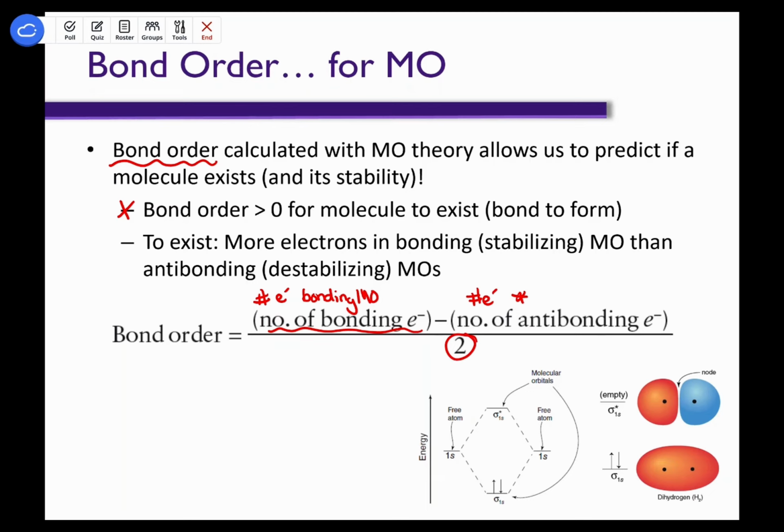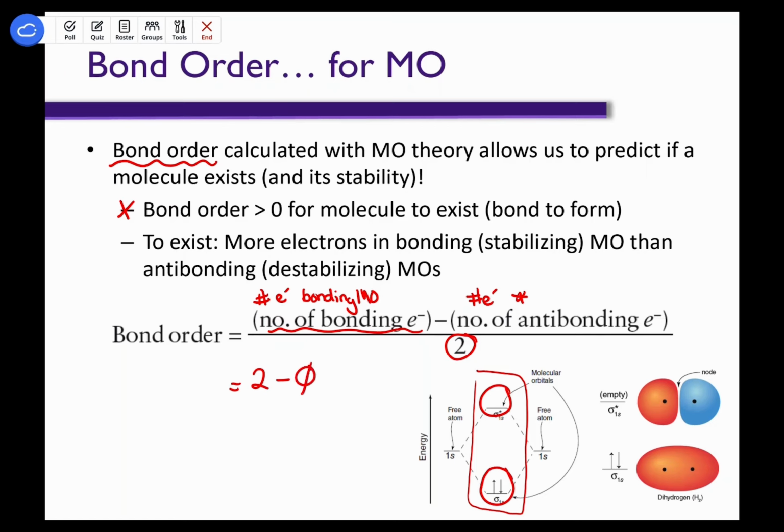So for hydrogen, we can look at the molecular orbitals. So we're looking at this middle region now, and we can count up the number of electrons in bonding orbitals. And I can see we have 2 electrons in the sigma 1s bonding orbital. I'm going to subtract that from the number of electrons in the antibonding orbitals. Here, it's 0.